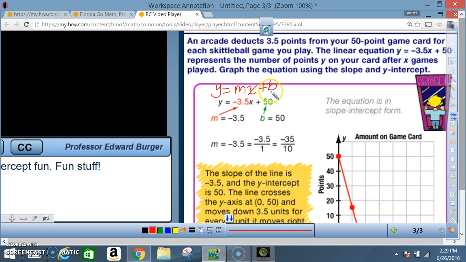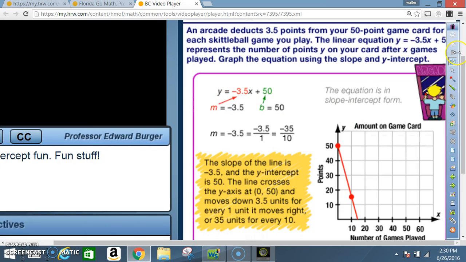Now the easiest thing to look at first is going to be the y-intercept. See that 50? That means the line is going to cross the y-axis at 50. So we can just plot that point. Now notice this occurs when x is 0.